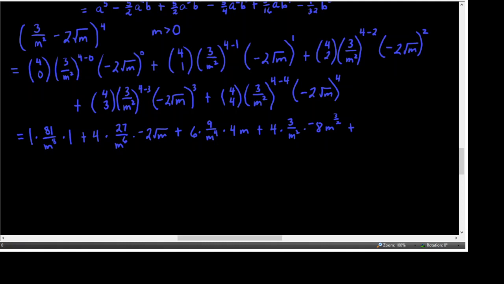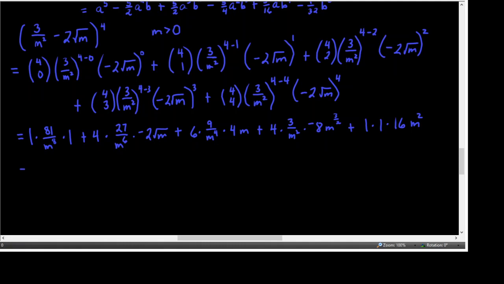And then 4 choose 4 is 1. 4 minus 4 is 0. Anything to the 0 is 1. Negative 2 to the 4th is positive 16. Square root of m to the 4th is m squared.